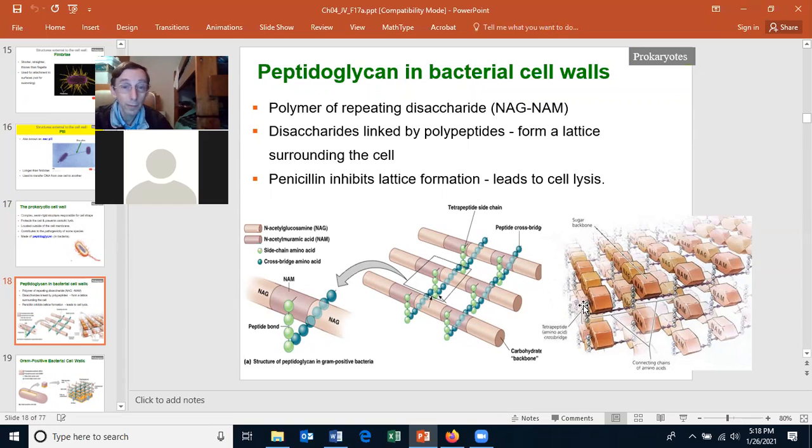So peptidoglycan is a molecule found in prokaryotic cells, specifically the bacteria. It is a polymer of a repeating disaccharide. The two saccharides are NAG and NAM. NAG stands for N-acetylglucosamine. I said that right. NAG is N-acetylglucosamine. And NAM is N-acetylmuramic acid.